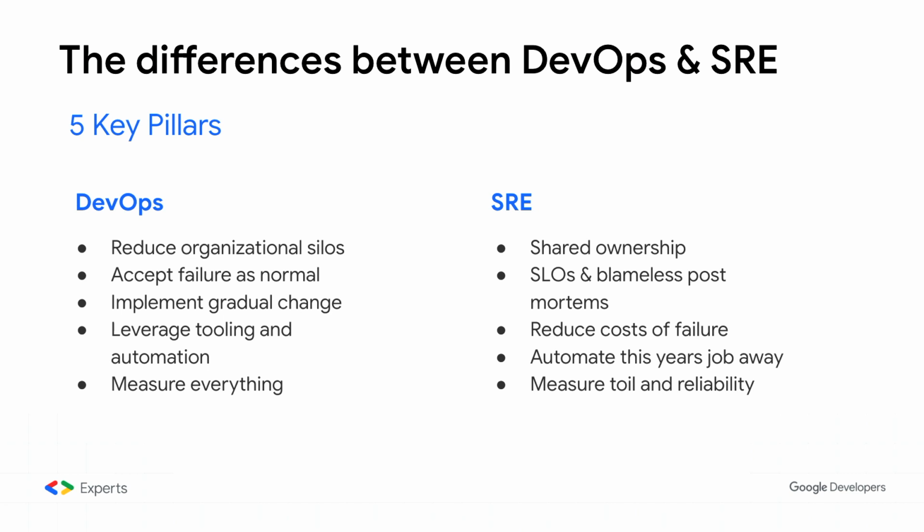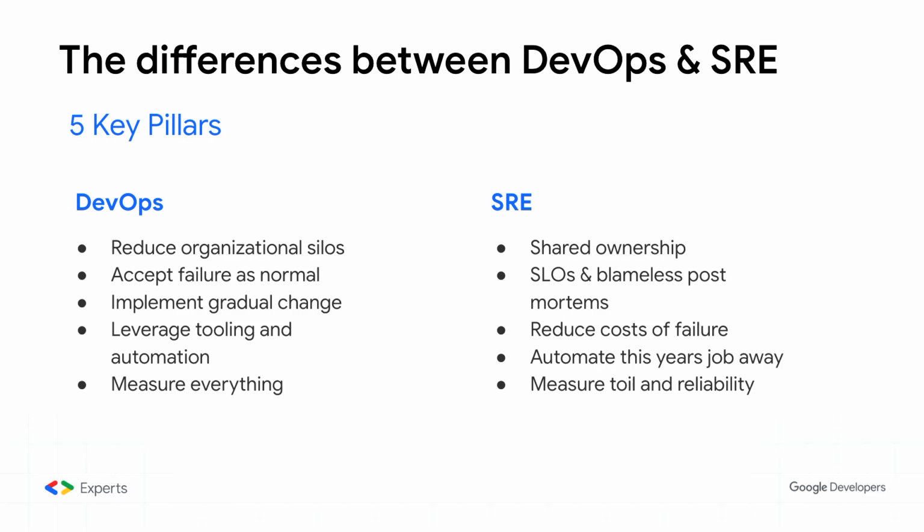Rather than pushing 100 new features at once, we want to try and reduce the impact if something goes wrong, and maybe push 1 or 2 features at a time so we can gauge whether they're actually buggy or if they work as intended. To help that, we leverage tooling and automation. We heard some earlier with infrastructure as code, tools like Jenkins, Terraform, and we like to measure everything. If we can measure everything, then we know which services we need to actually look after and which ones deserve our attention.